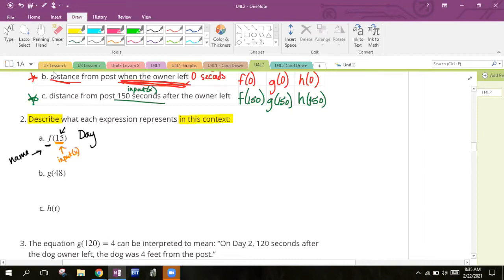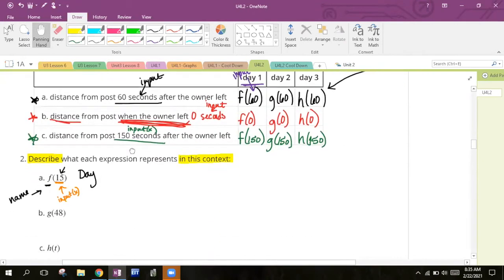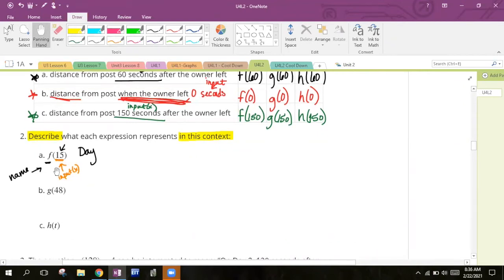Okay, what is my input talking about in this problem? Time. The variable in each notation could always be different, but it will always be your input. In this case, my input is time. So on day one, how many seconds are we looking at? 15 seconds.